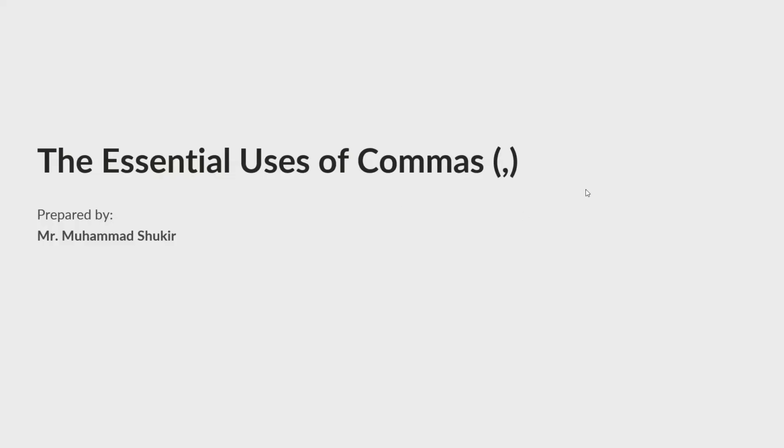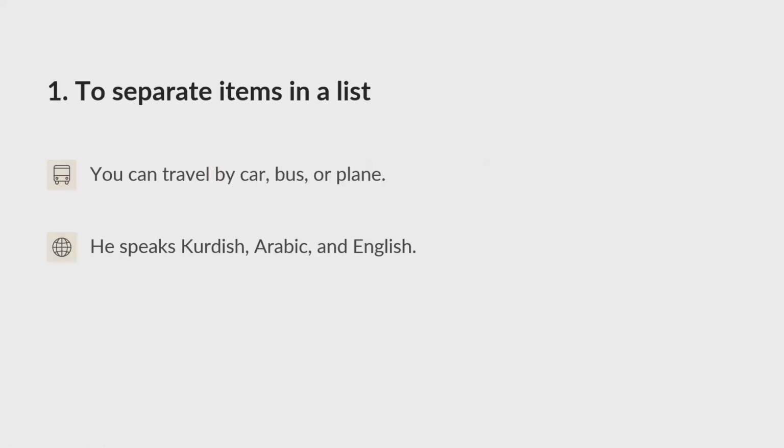Dear students and learners, in this video we will be talking about the basic, or let's say the essential, uses of commas. Firstly, one of the most common uses of commas is to separate items in a list. For example, when we have a list that includes items, we use commas to separate them.